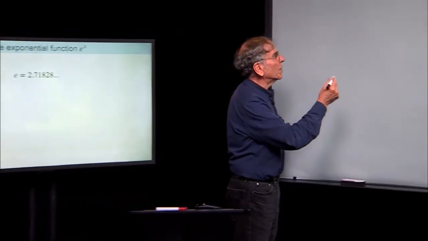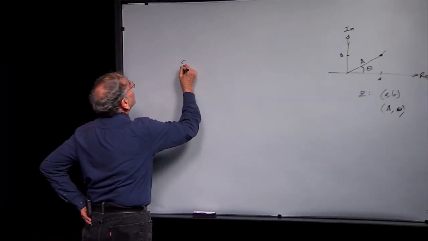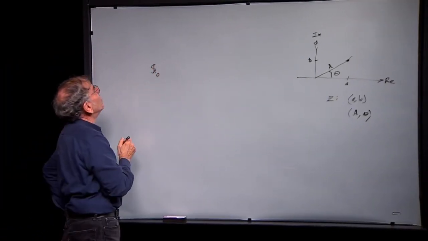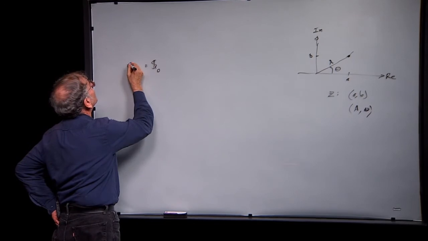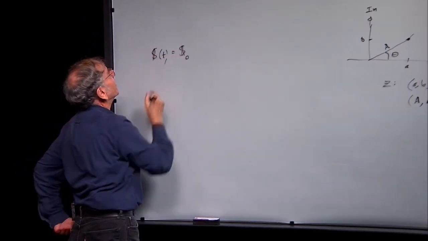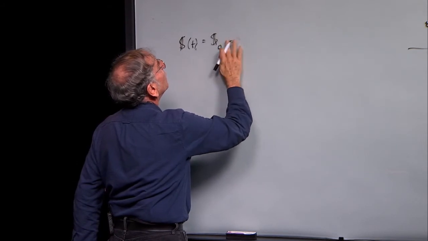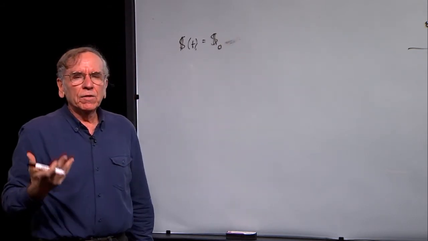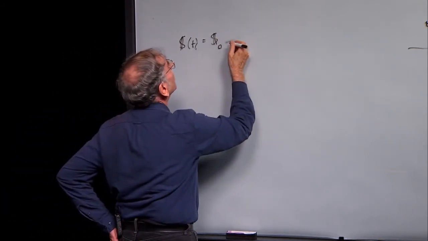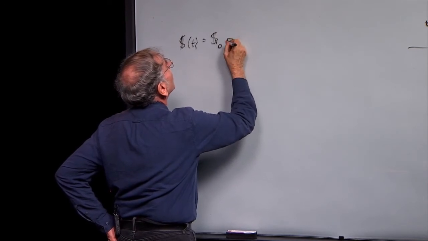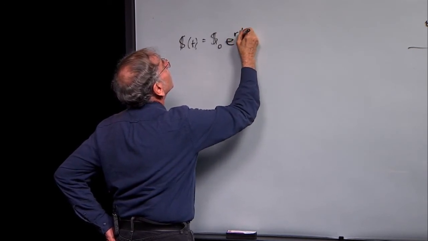So here's an example. You start out with a certain amount of money in the bank, and you want to know how much money you have at some later time t. And if your bank is doing continuous compounding of interest, this is given by an exponential function e to the rt.